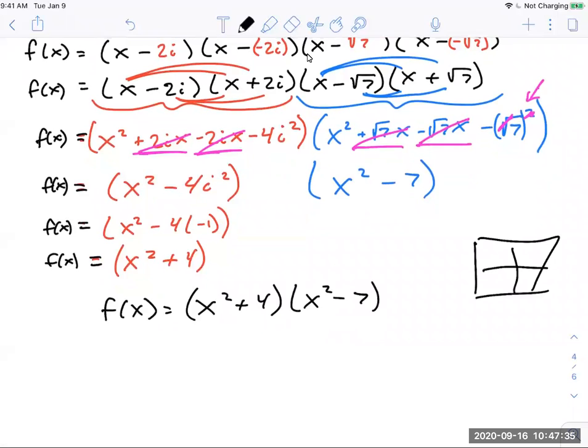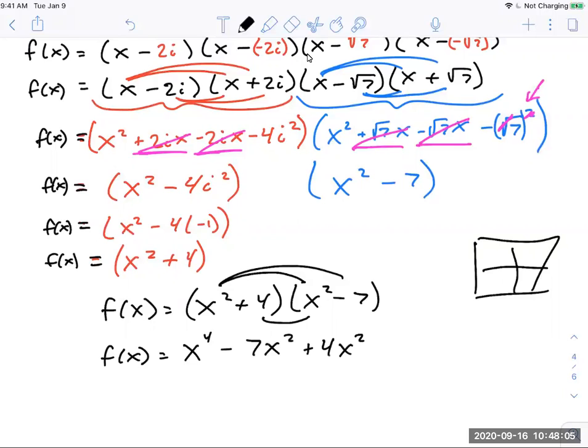I'm going to do distributing, whichever works for you. x squared and x squared makes x to the fourth. x squared and negative 7, negative 7x squared. 4 and x squared is a positive 4x squared. 4 and negative 7 is a negative 28.